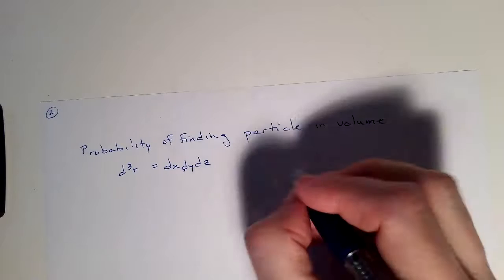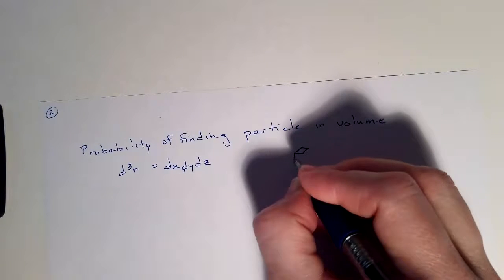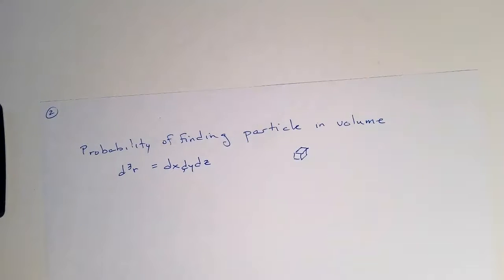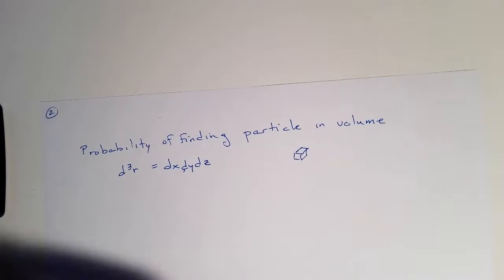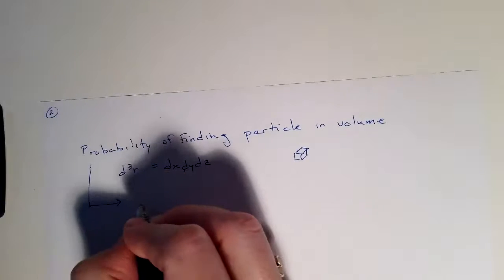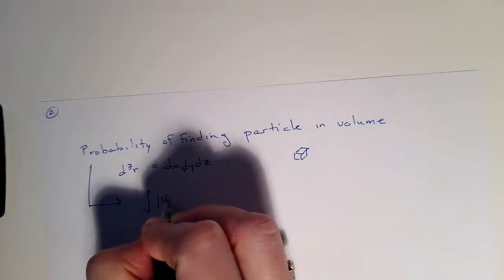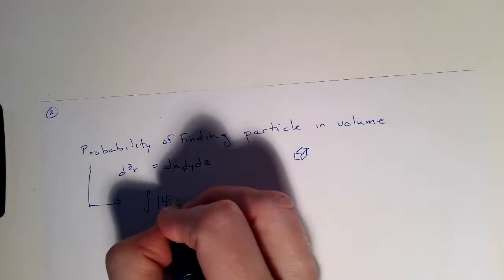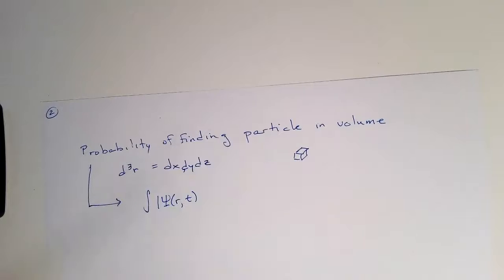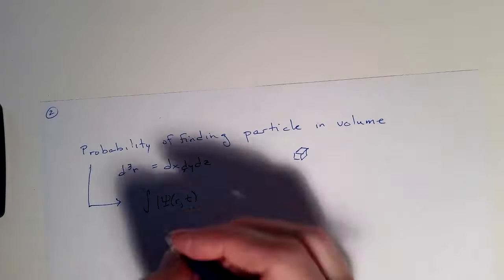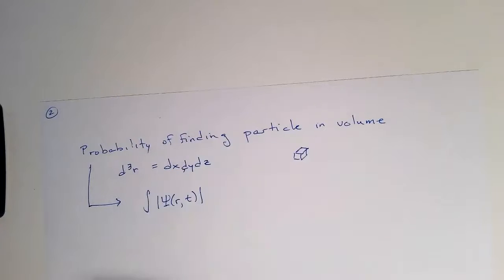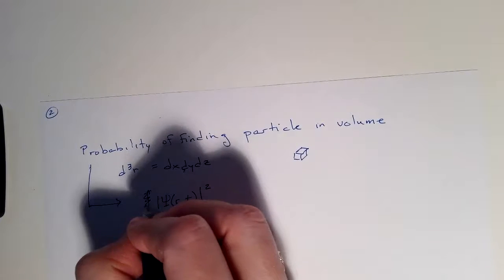So that's our little volume here. That probability is going to be given in kind of the same way we found it in 1 dimension. Again, our wave function is now a function of 3 different dimensions and t.